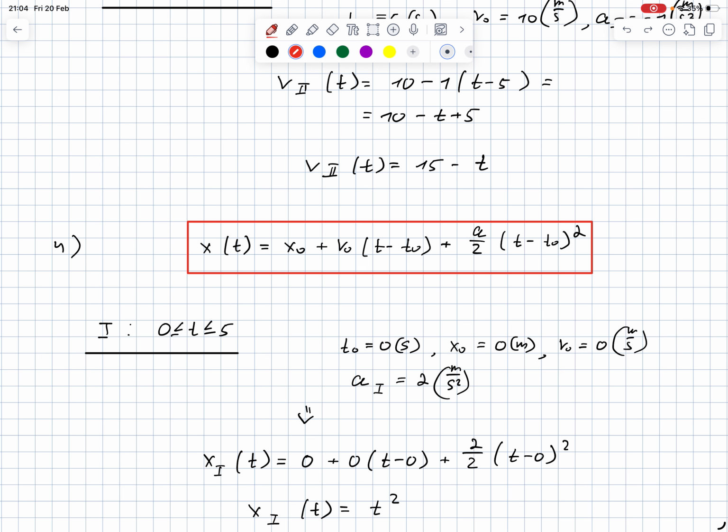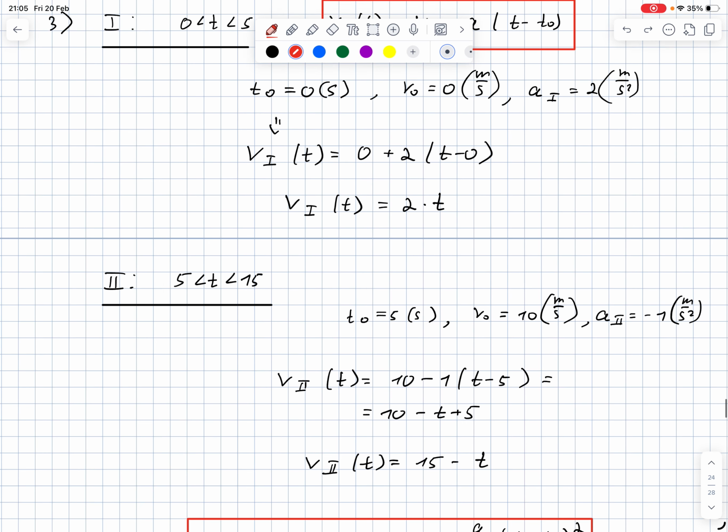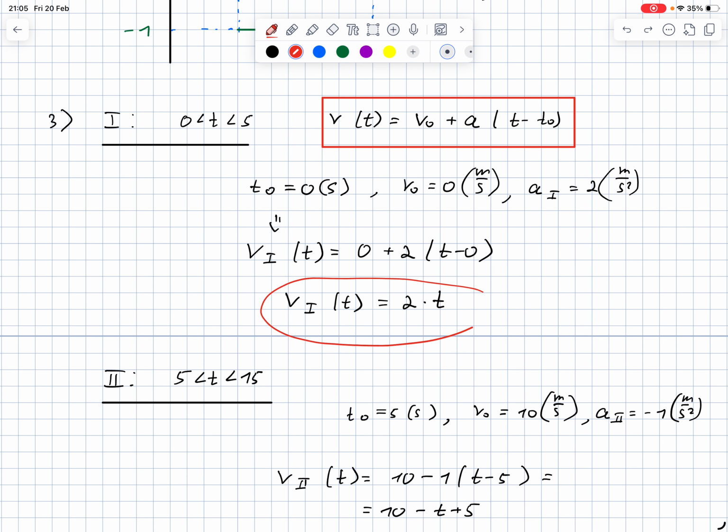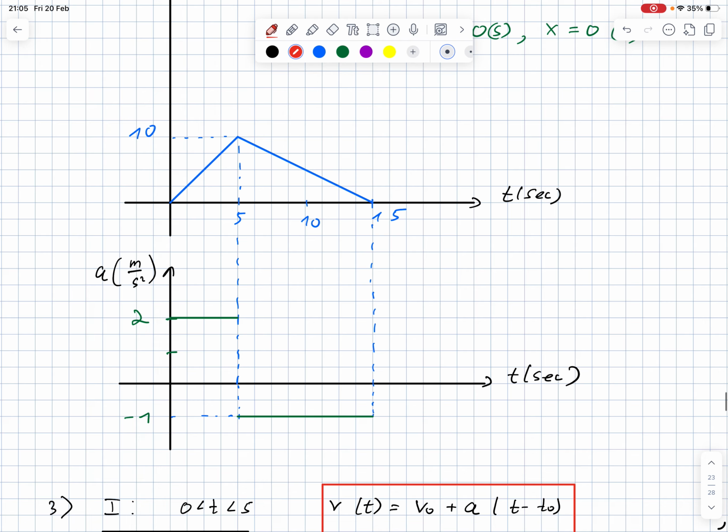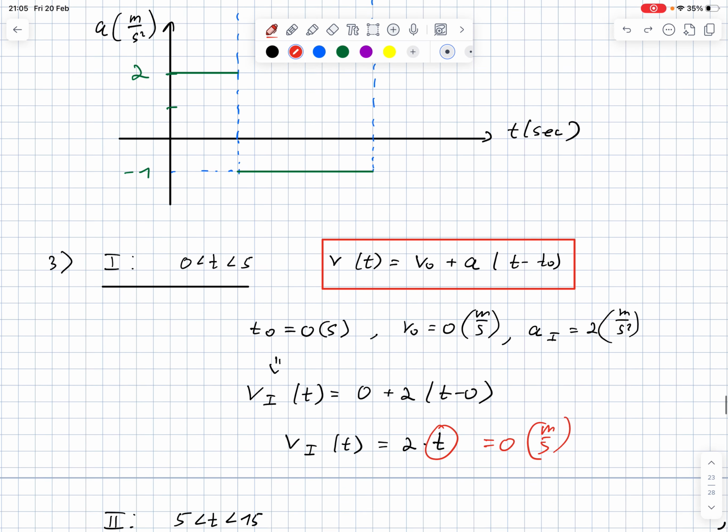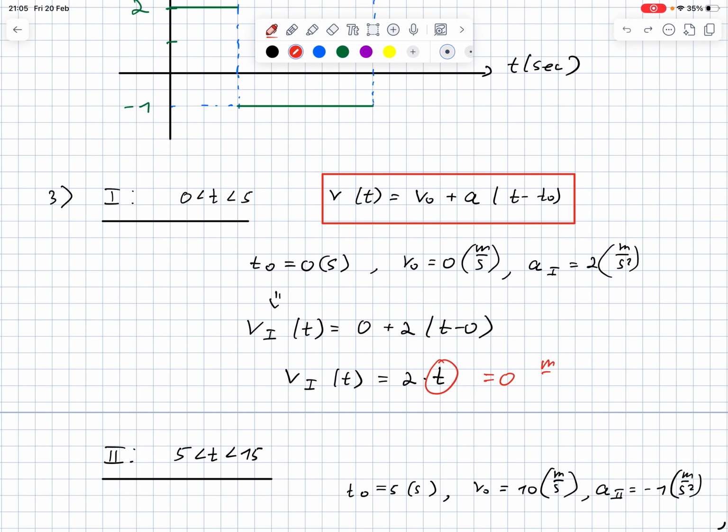We know that when t equals 0 seconds, the initial position is 0 meters, and from the graph of v of t, we already know that initial velocity is 0 meters per second, or we can use this function of v of t. When we substitute this parameter t with 0, we get 0 meters per second, as you can see in this graph. So no mistakes here.